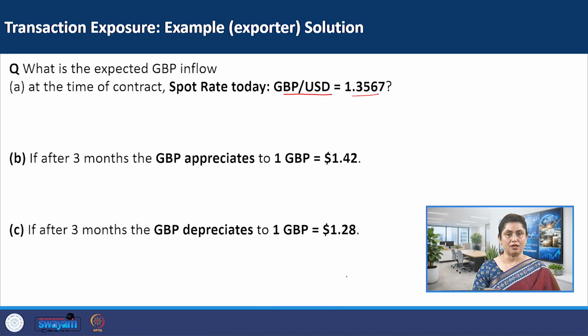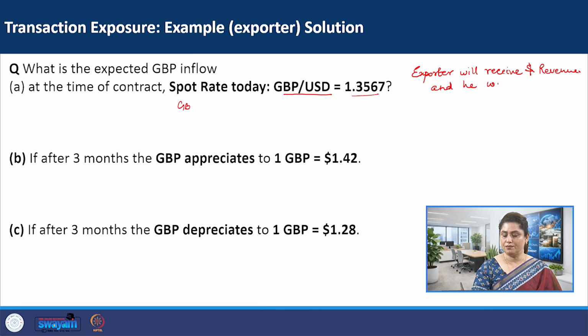And if we have to convert it today, then what is going to be the British pound amount? Now the exporter will receive dollar revenue, and he will convert it into British pounds. Why? Because the exporter is UK based.